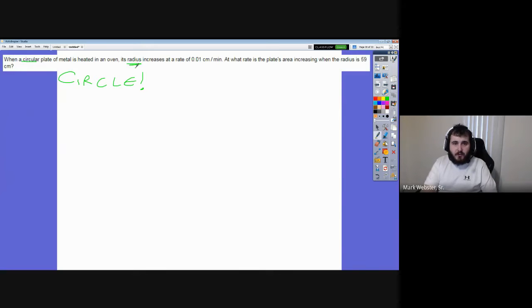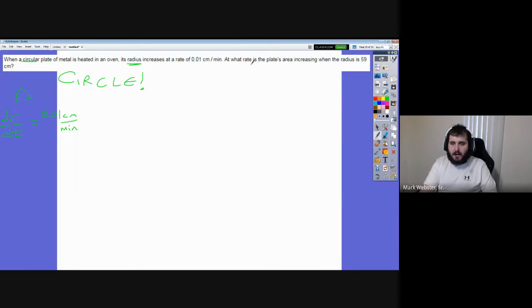Its radius, okay, before I even do anything, I'm just going to write that down. Its radius increases. Oh, so there's the rate too. I'm going to write that down. Increases at a rate of 0.01 centimeters per minute. So that's R and dr.